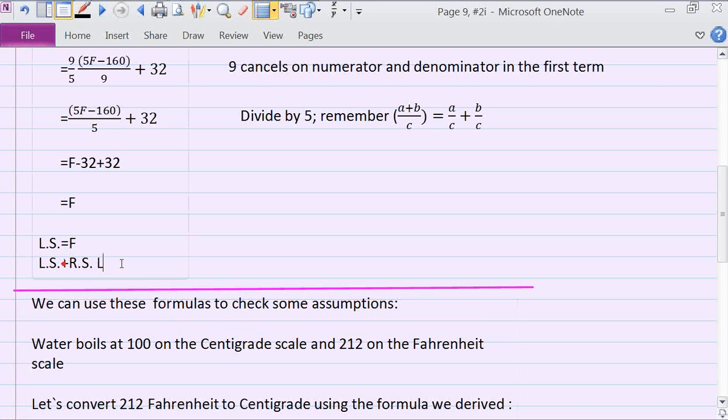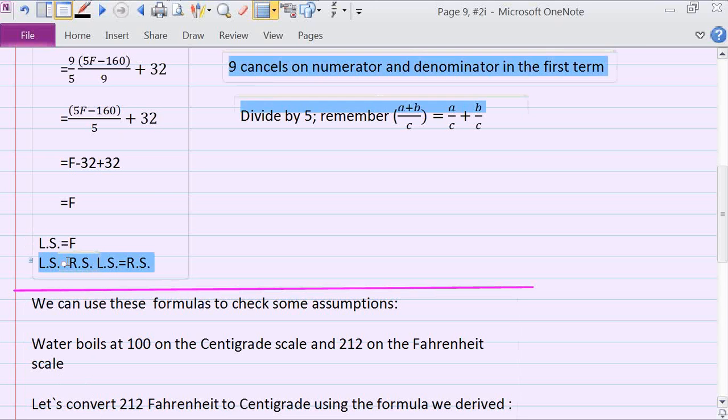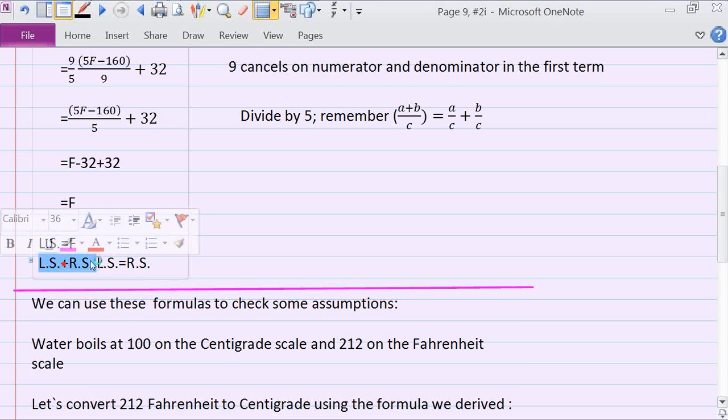Left side, whoops, error in my typing, equals right side. And now I'm going to try and eliminate this part here. Let's see if I can do that. There we are. Still got that little red dot in there, but I'll remove that later on. So left side equals the right side.